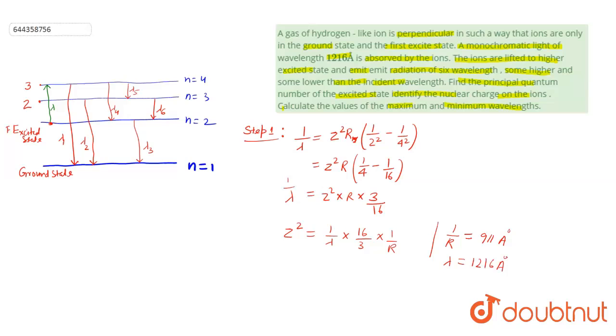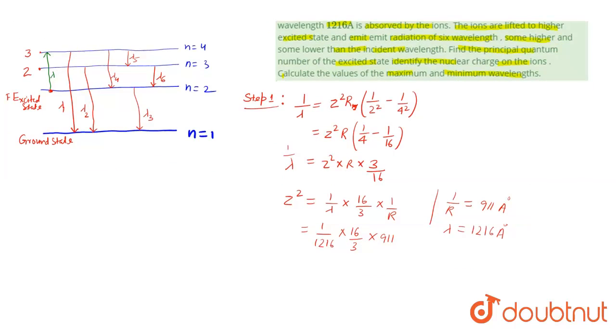After substituting, that means 1 by 1216 into 16 by 3 into 911, you will get Z square is equal to 4, that means Z is equal to 2.